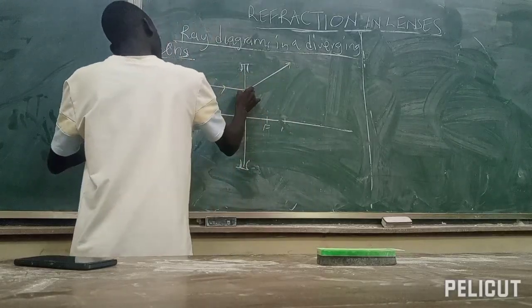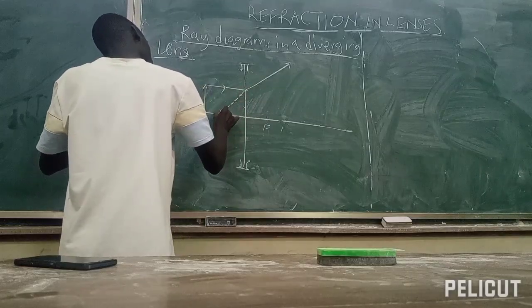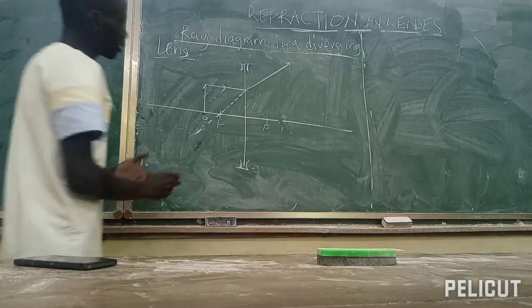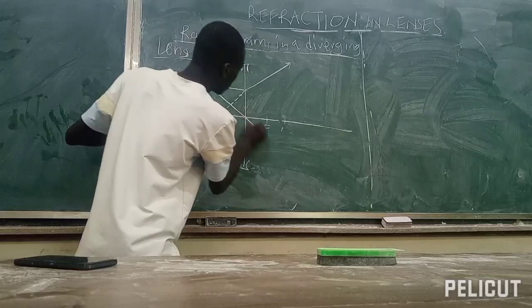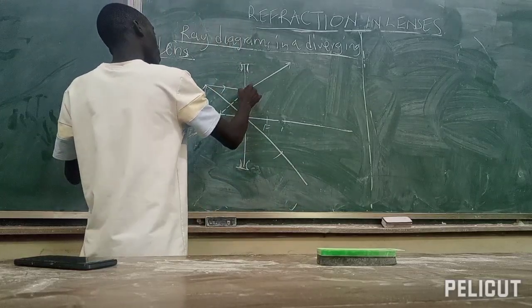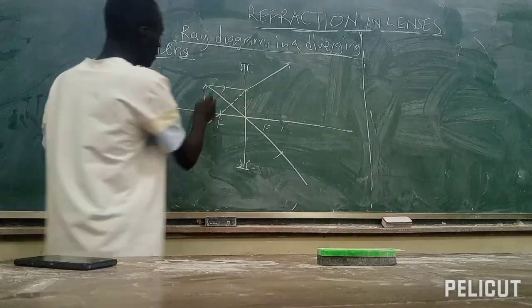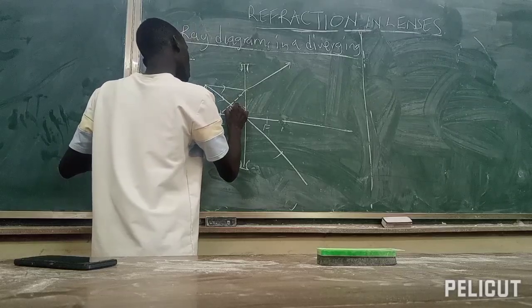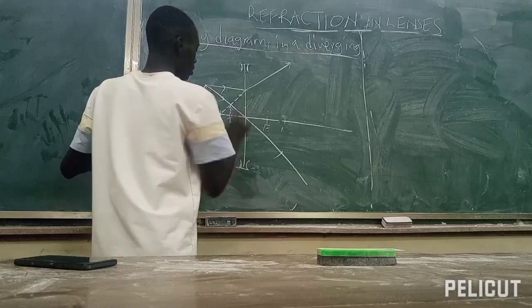When you extrapolate that diverging ray, it will pass through the principal focus. Then the ray passing through the optical center goes straight and is refracted. So where those two meet, the one which was extrapolated and the ray passing straight through the optical center, is our point where the image is forming. So this is our image.